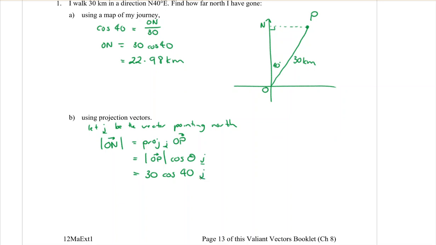It's really the same thing as what I got before. I have 30 times cos 40, which is 22.98, and the J vector on the end there is telling me that it is going north.